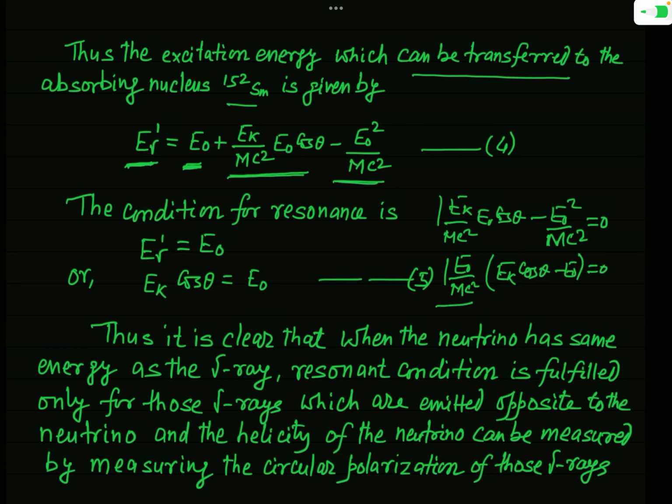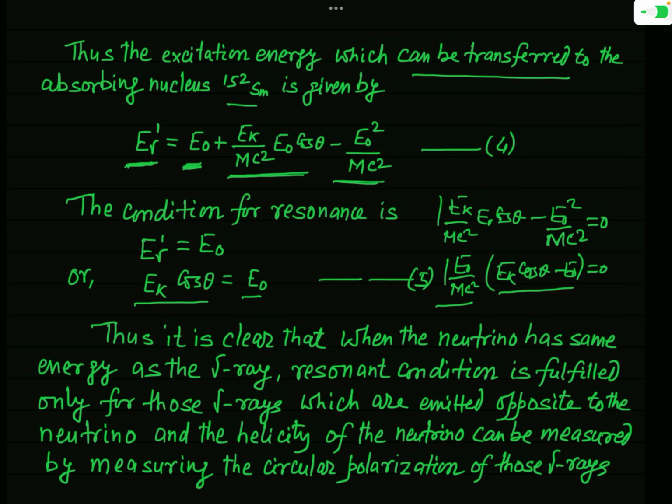But E naught by mc square is not 0. You have seen that this is almost 6.5 electron volt. So definitely this second factor will be 0, and so Ek cos theta minus E naught equals 0, or you can say that Ek cos theta equals E naught. So these are the conditions for the resonance.